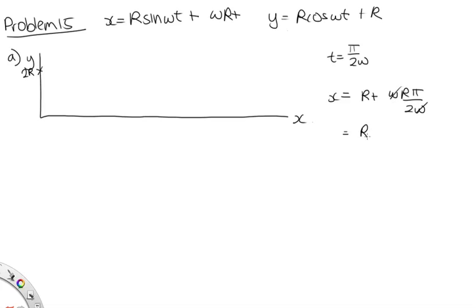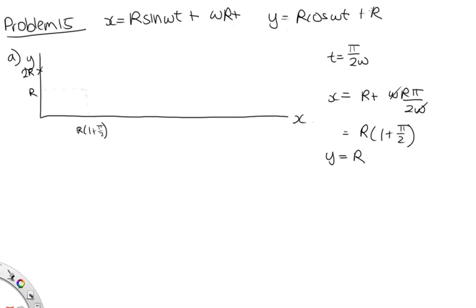So this will be r outside of 1 plus pi on 2. And y at this point, cos will be 0, so y will equal r. So here we'll have r, and here we'll have r outside of 1 plus pi on 2.